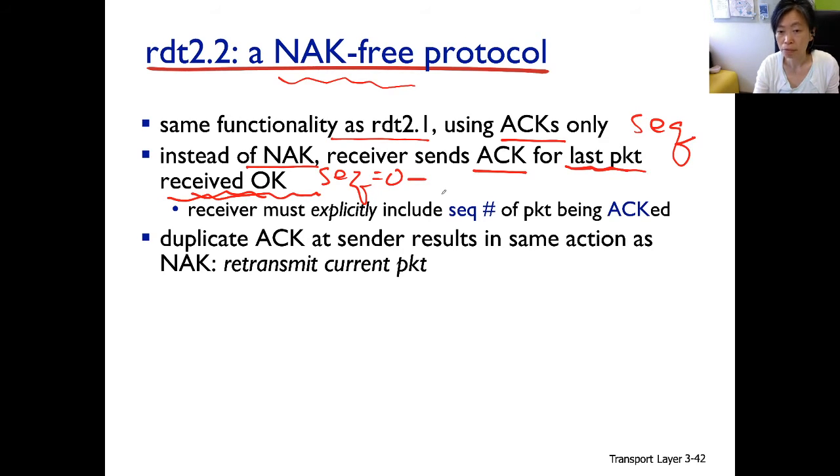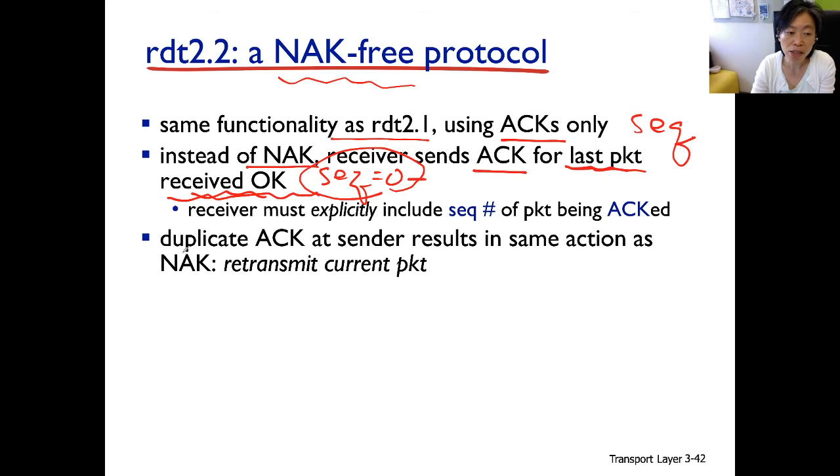But at the sender side, what's going to happen is the sender will receive the first ACK with sequence number 0, indicating packet 0 is received okay. But the sender is going to receive another sequence number 0 ACK. Hey, how come I get acknowledgement for sequence number 0 twice?